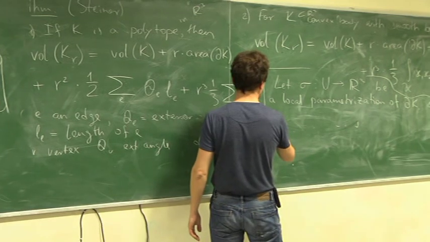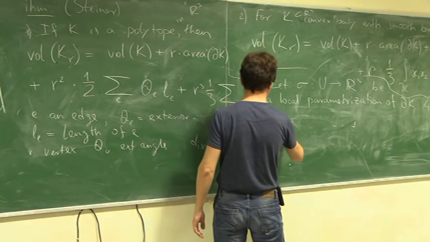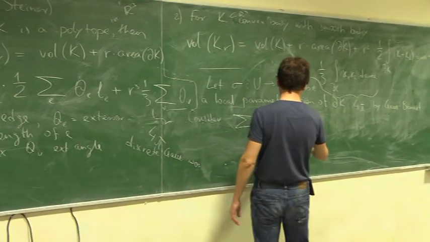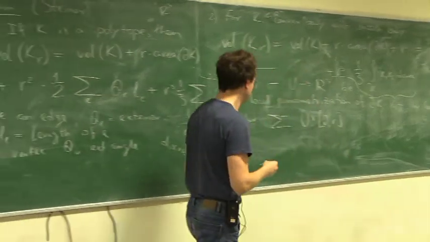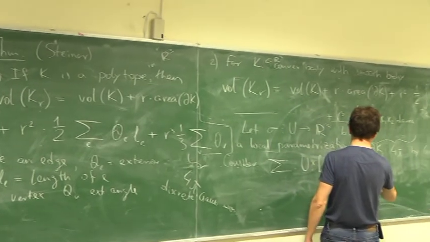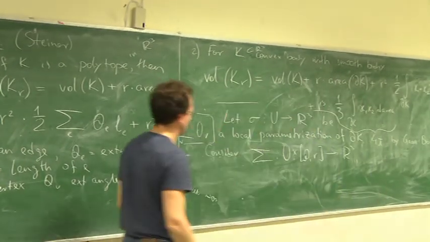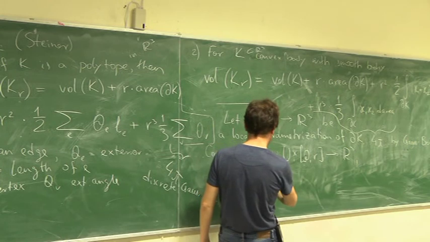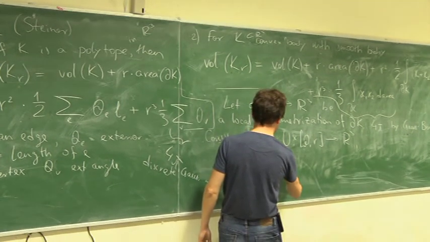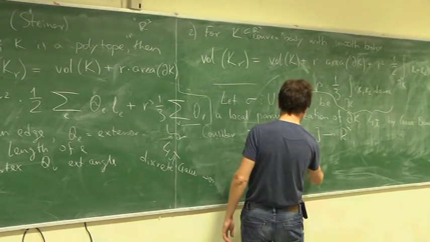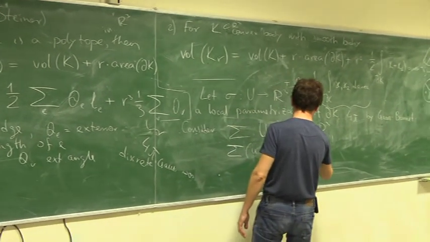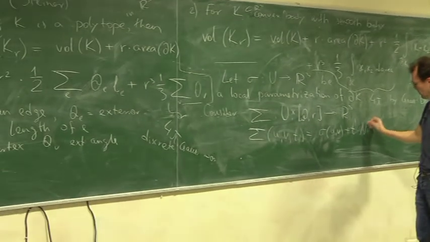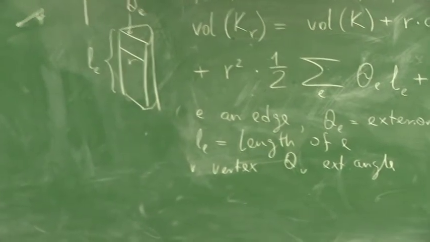Then consider the parameterization capital sigma, where sigma of u, v, t is equal to small sigma of u, v plus t times the normal vector at the point u, v.